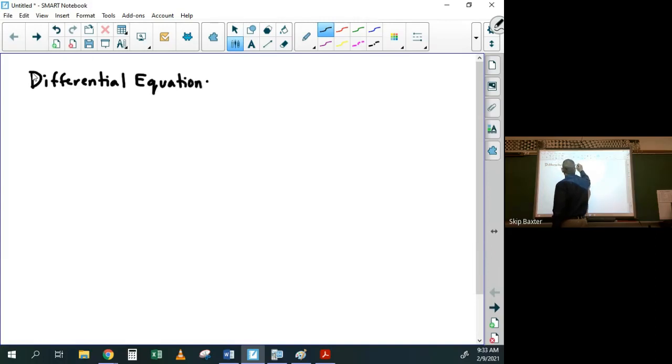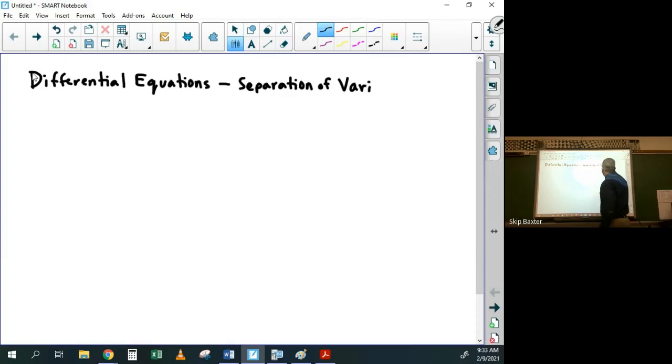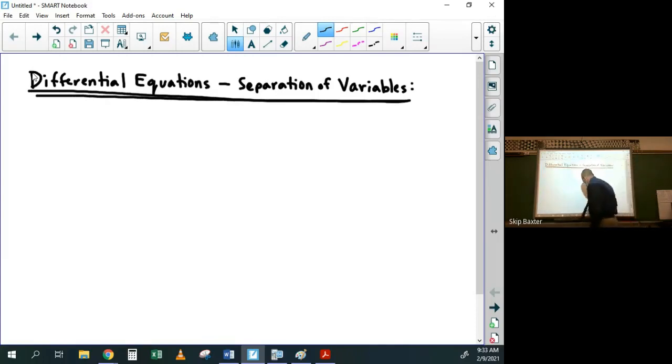And in particular, we're going to be talking about separation of variables. So normally, when we've talked about differential equations, it only contains one variable.